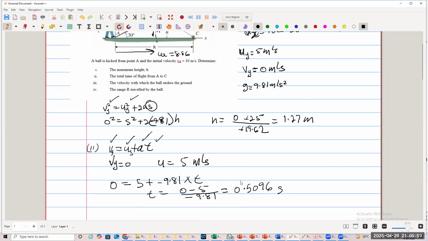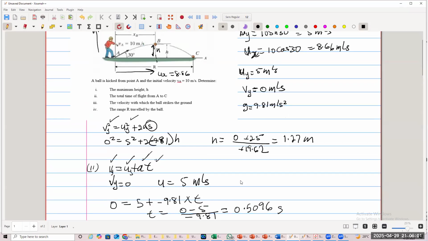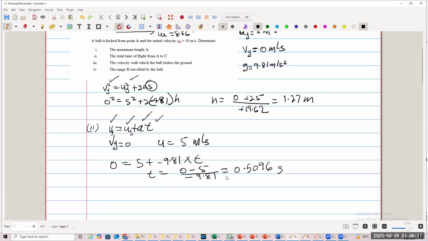Now that you get that, what is the total time of flight? This is only half. The total time of flight is double that time.